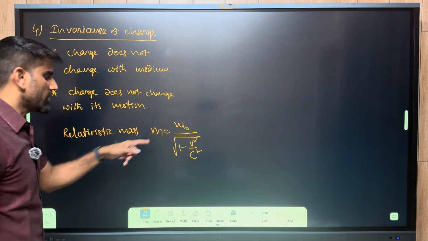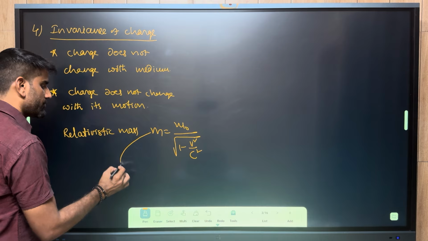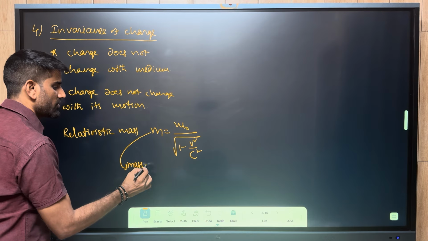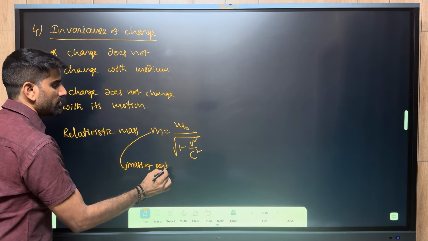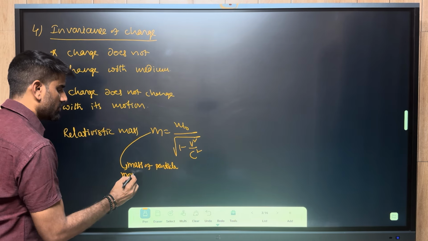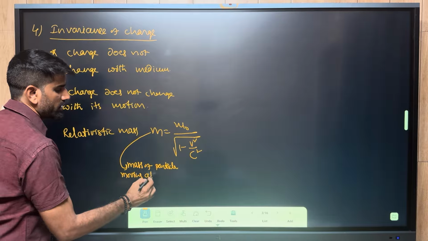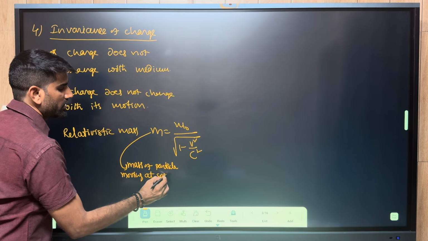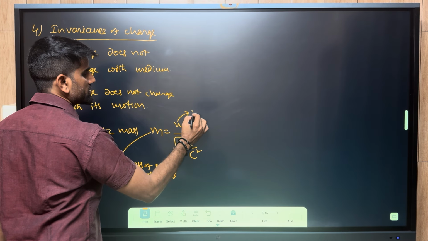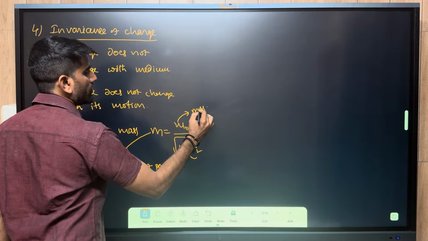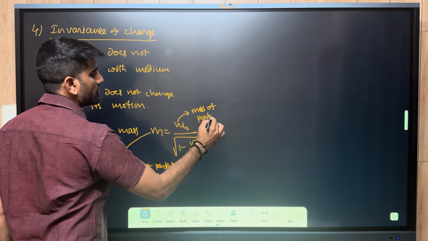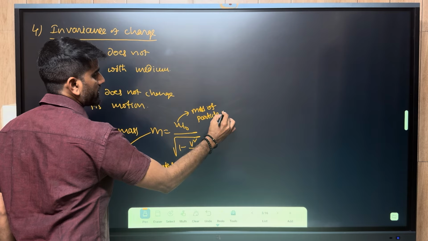Okay, so here m is the mass of particle moving at speed v, where m naught is the mass of particle at rest.